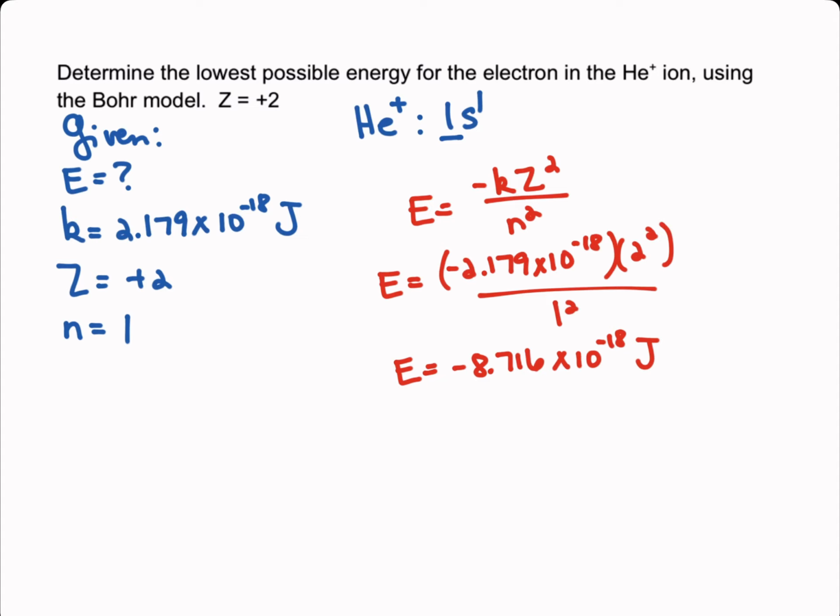Let's take a look at another example. Calculate the energy and the wavelength in nanometers when an electron in a beryllium atom undergoes the transition from the energy level n equals 2 to the energy level n equals 1 and Z equals +2. Let's start with our given. We're asked to solve for energy, and we're asked to solve for wavelength in nanometers.